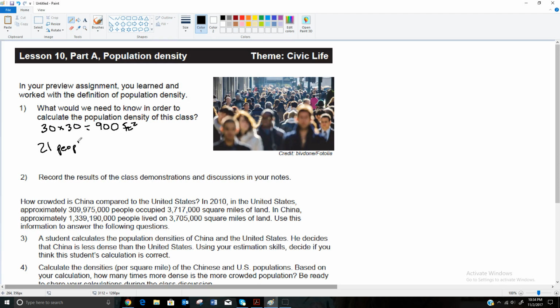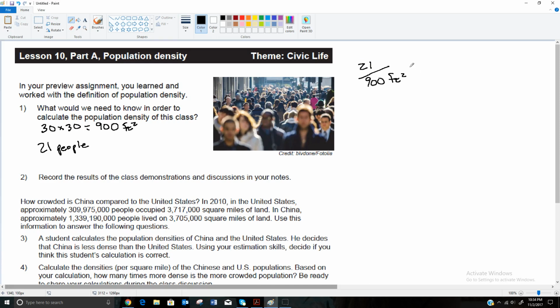If we wanted to figure out the population density of the room, what we normally do is talk about how many people there are per square mile. That's what we're going to do down here. For the classroom size, we might do 21 people per 900 square feet.